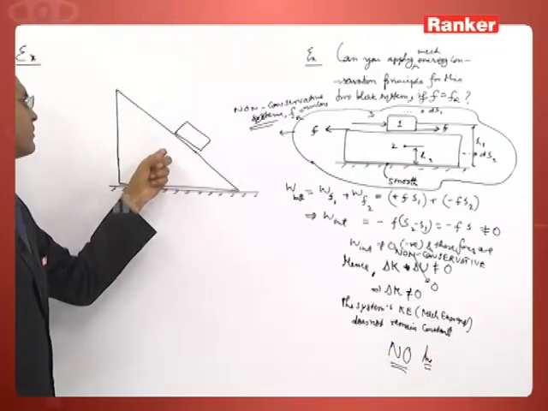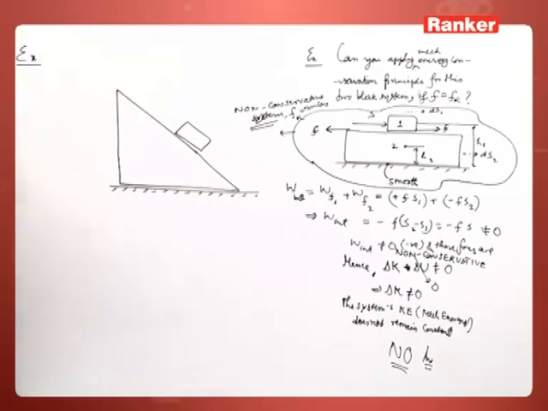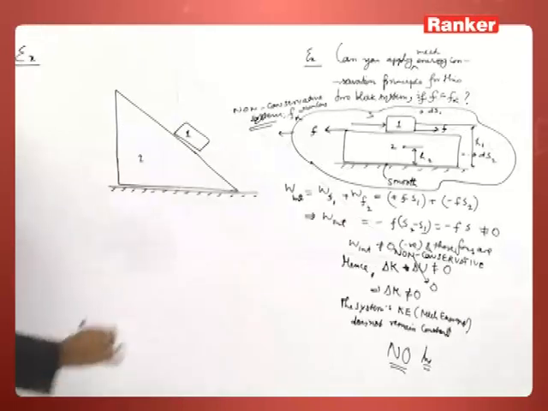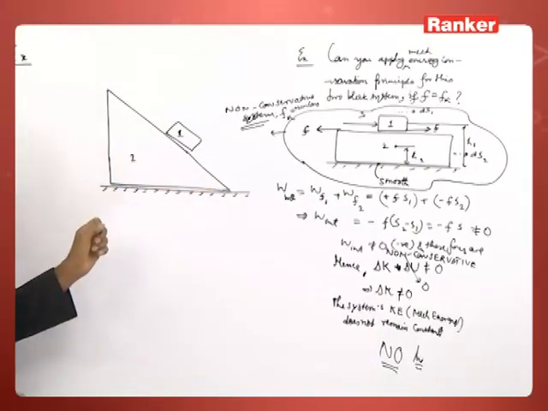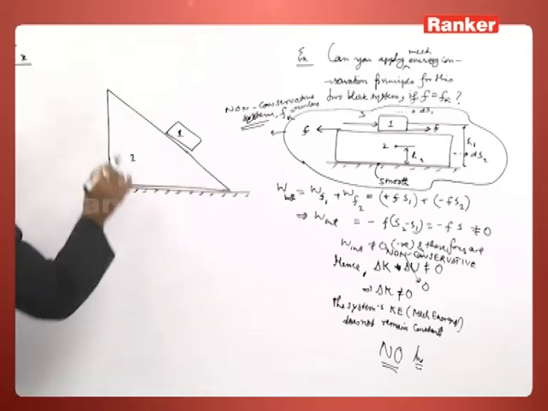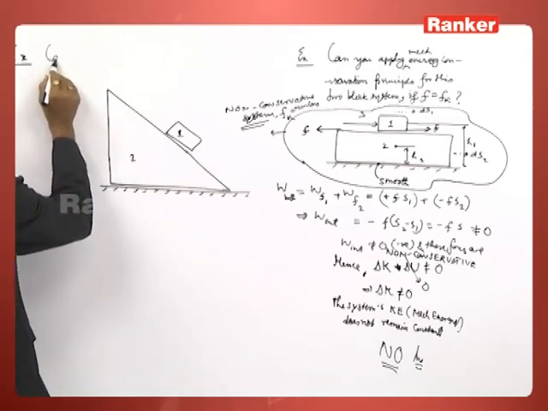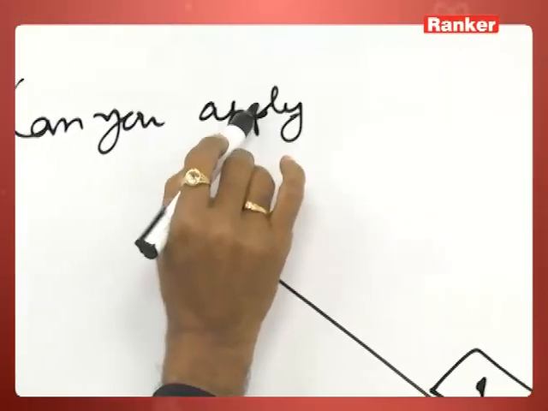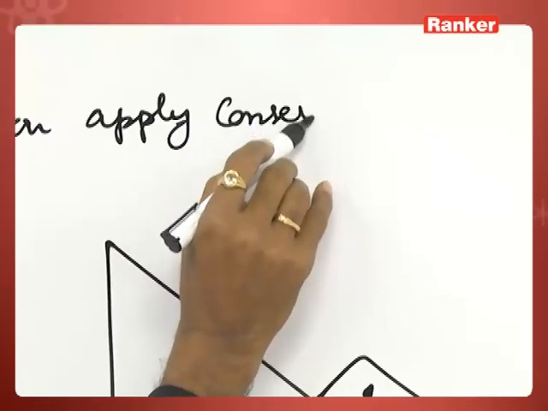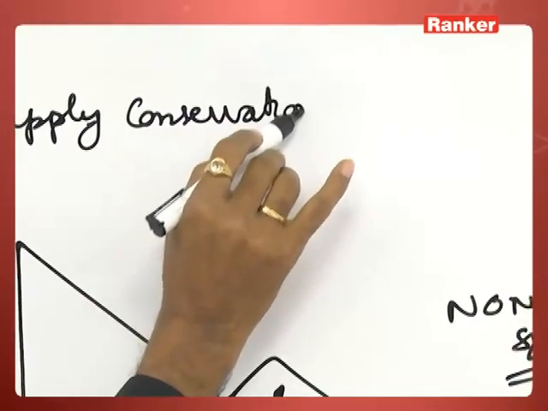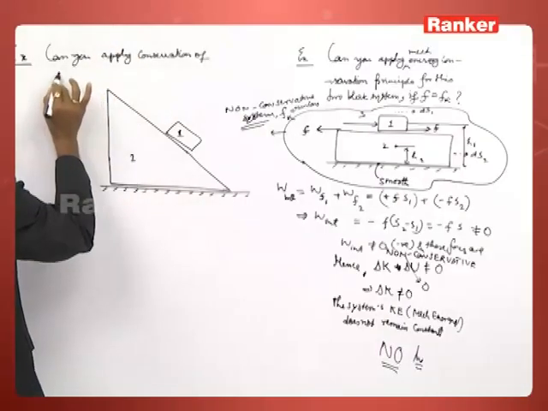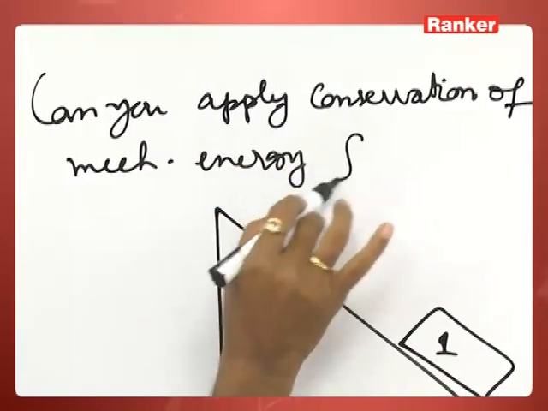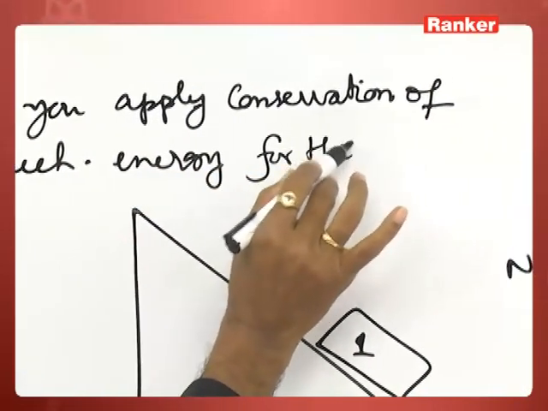Now come to another system. Block number 1 is placed on the prismatic block, or you can call it wedge 2. Here, can you apply conservation of mechanical energy for the system?